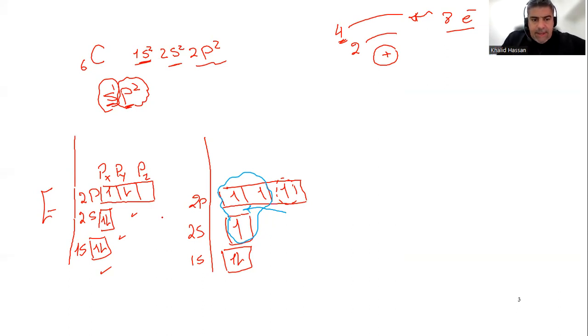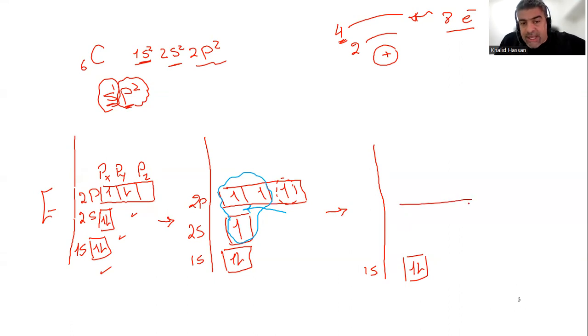This is my energy. Of course, I have 1s below as it is, 1s2. So what we have here, I have no 2s now. I have, of course, this 1, 2, 3.